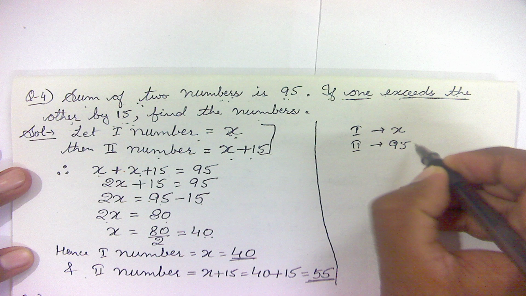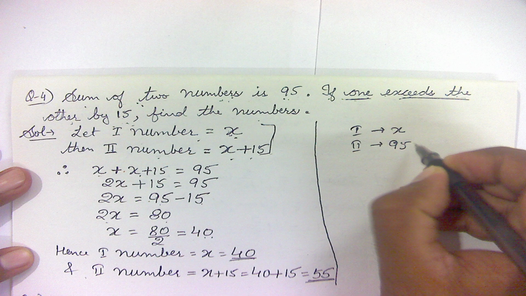Now if these are the two numbers taken, then we are going to use the second statement to create the equation. So what does the second say? One exceeds the other by 15. One of the numbers, say x, is more than the other one by 15.